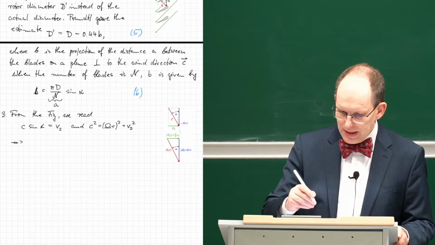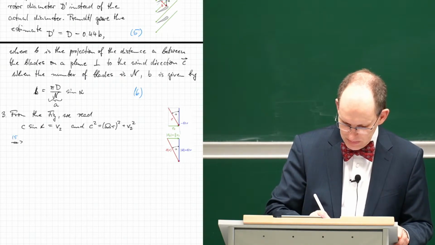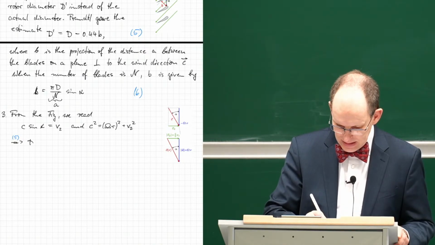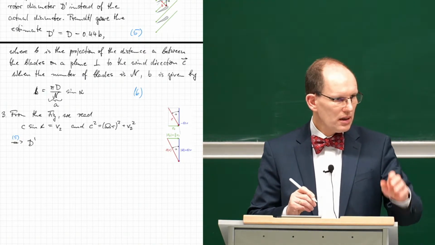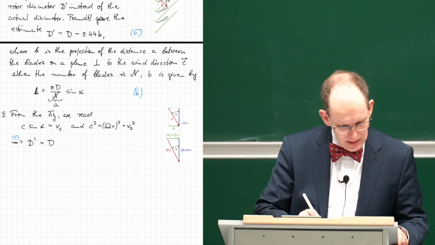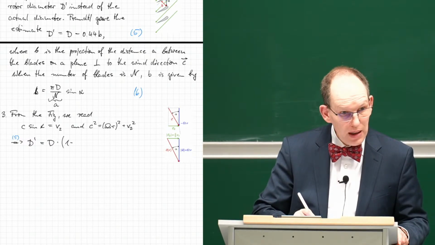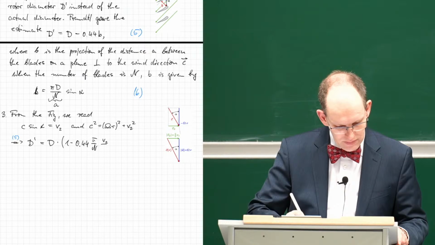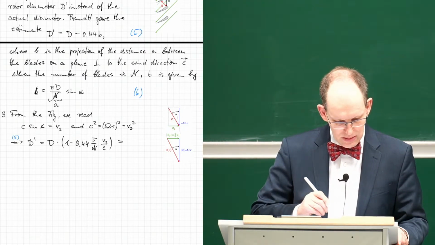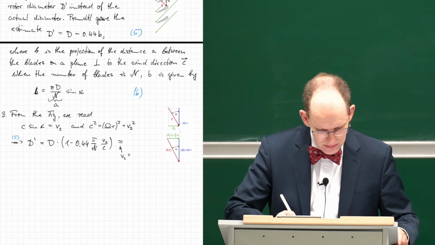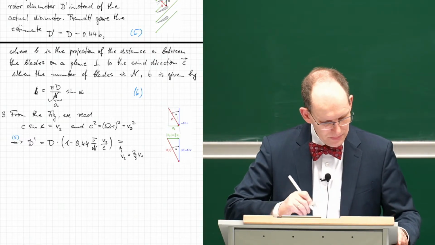So what we find, if we use 5 here, is D prime is equal to D times 1 minus 0.44 pi over N times V2 divided by C. And now here we replace V2 with 2/3 of V1.